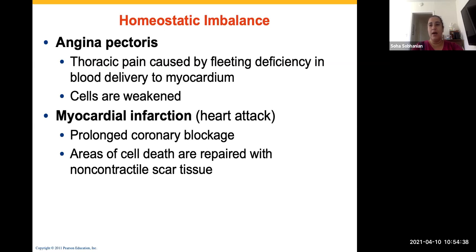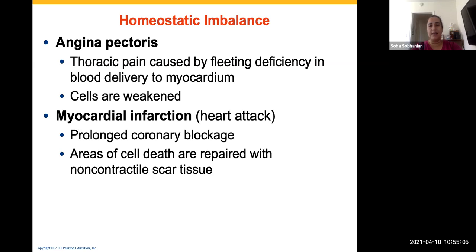Now, I mentioned that earlier, but I'm just going to go over this one more time for you guys. Damage to what chamber of the heart is most dangerous in a heart attack?